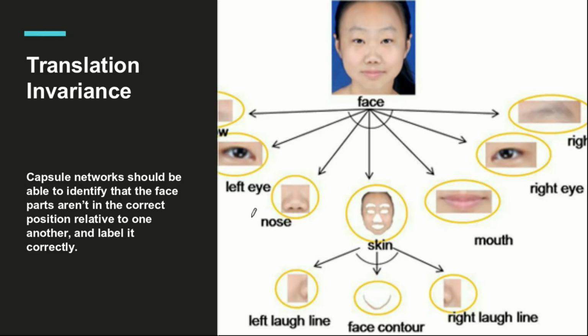So this face has been divided into all these objects, and if we feed all these objects to the capsule network, it would be able to predict that all these objects are spatially related to each other and, when composed together, will give a picture output of a face.